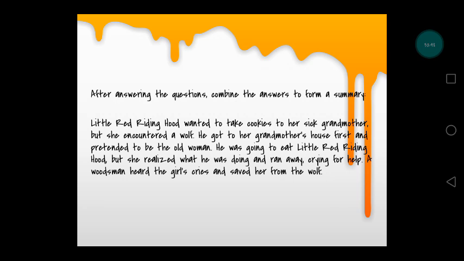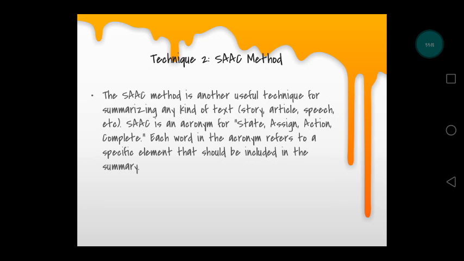He was going to eat Little Red Riding Hood, but she realized what he was doing and ran away, crying for help. A woodsman heard the girl's cries and saved her from the wolf. Okay, so diba nagamit yung somebody wanted but so then sa story ng Little Red Riding Hood. So you can use this one for technique na for summarizing, lalo na kapag story siya.